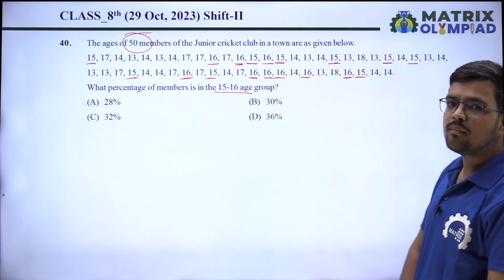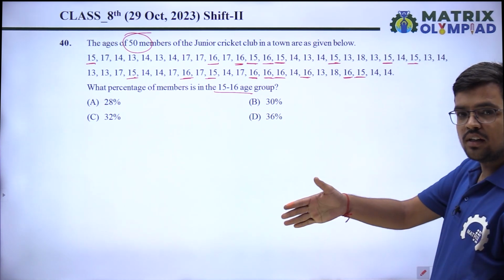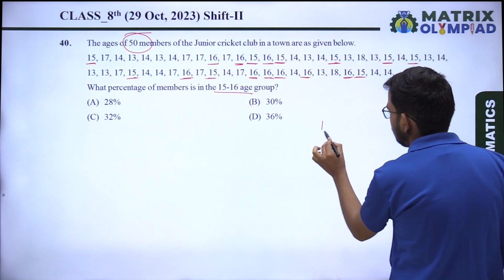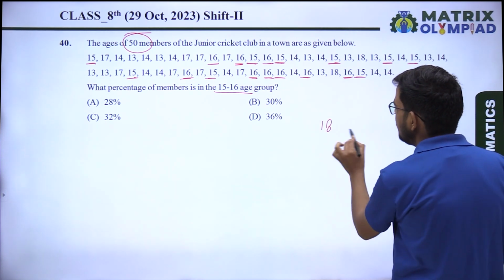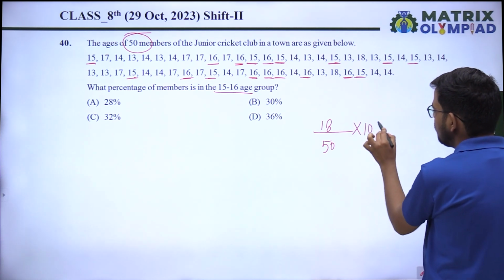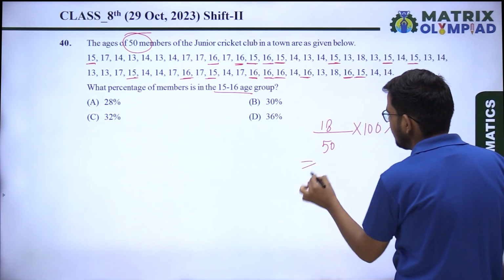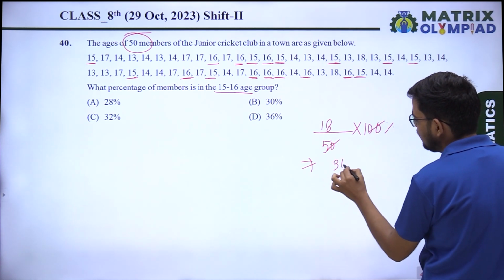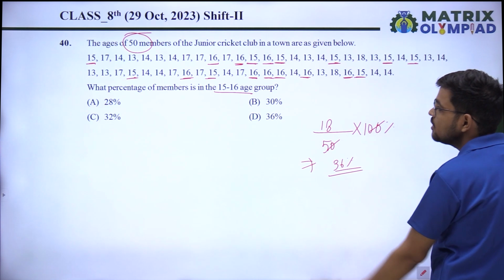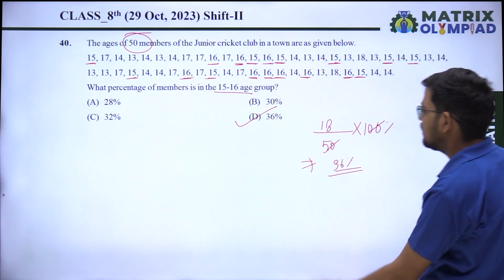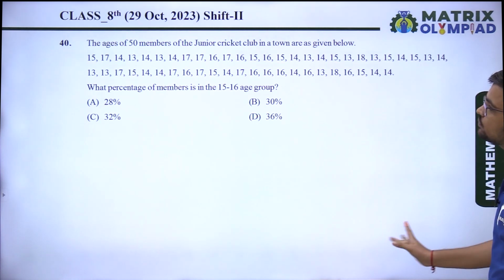So total 18 members are there in the age group 15 to 16, and total number of members is 50. We have to find the percentage, so multiply with 100. So 18 upon 50 into 100, that is 36%. So the percentage of members is 36%.